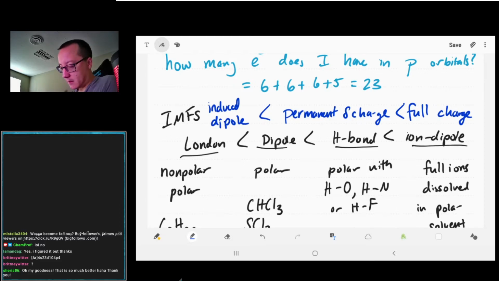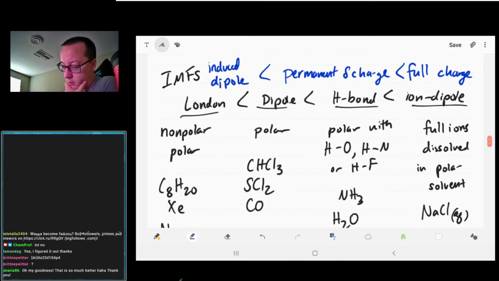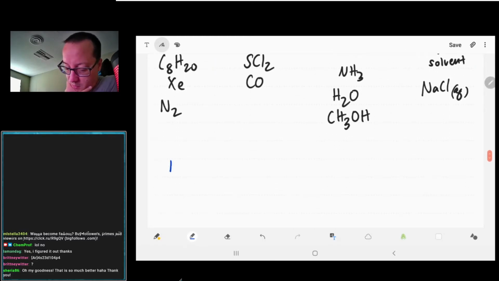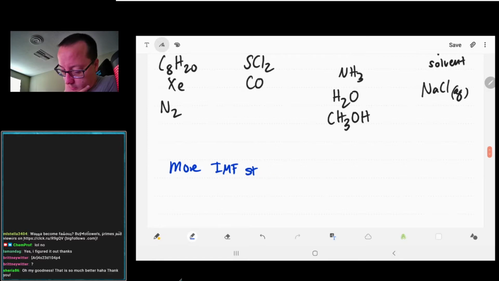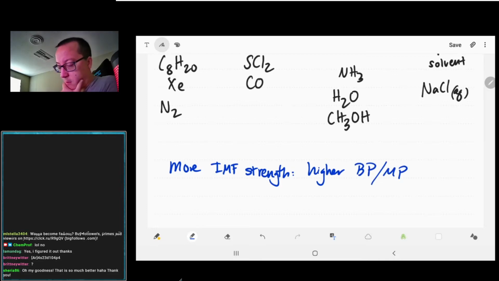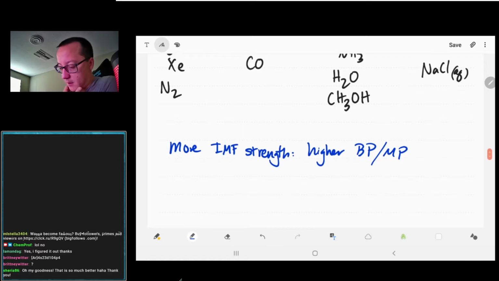Okay, let's see. What else can we do with this IMF stuff? Remember, the more strength, the more of these properties. Remember, these have a lot of properties.